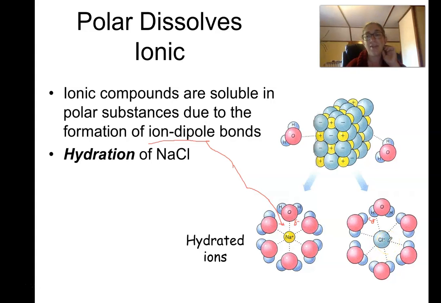So this process of dissolving something in water is also called hydration. The hydration of a salt, in this case sodium chloride, but this could be any salt. And a salt, just a reminder here, or maybe a preview, is any ionic compound.